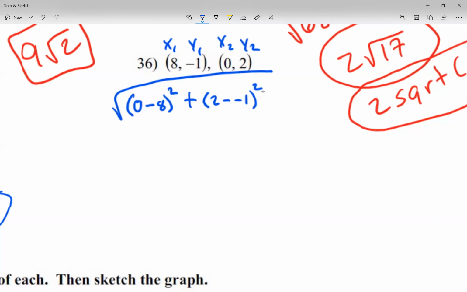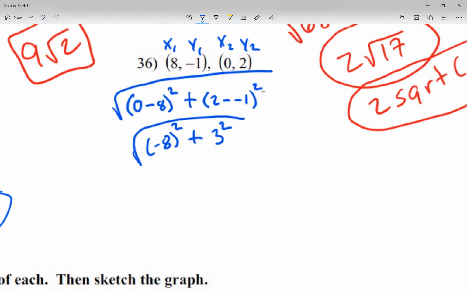All right, my first parentheses, 0 minus 8. That's a negative 8. I'm going to keep it inside parentheses because of the negative sign. There's the plus. The second parentheses, 2 minus a negative 1. Remember, the two negative signs make a positive sign. So 2 minus a negative 1, that's 3, squared.